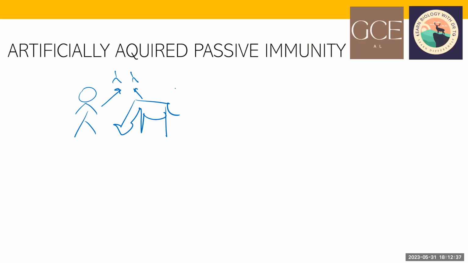If scientists, for a medical purpose, want to produce antibody, we can use animals. Animals are always easier to use for experiments than humans. Then we take the animal, we inject antigen, then we can purify antibodies from the blood. That's a very easy technique.